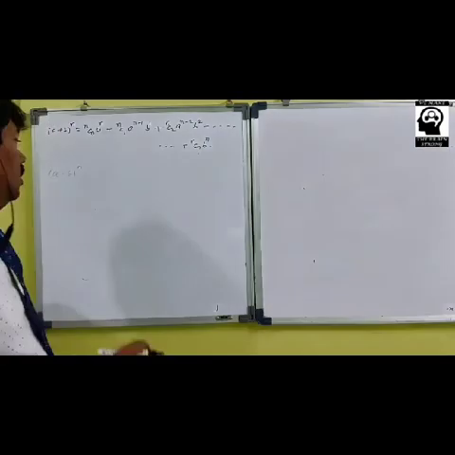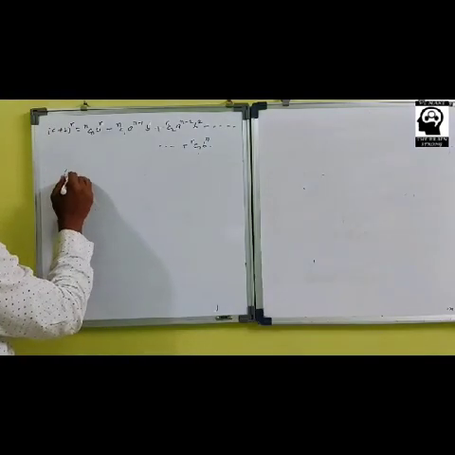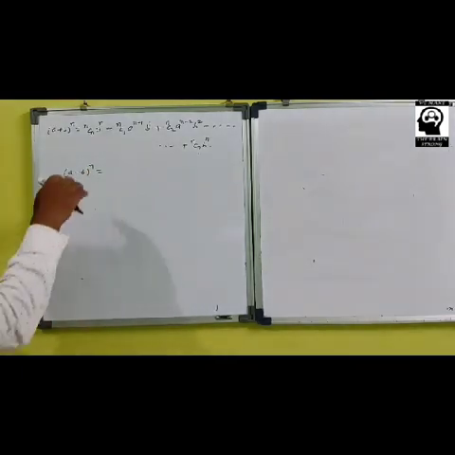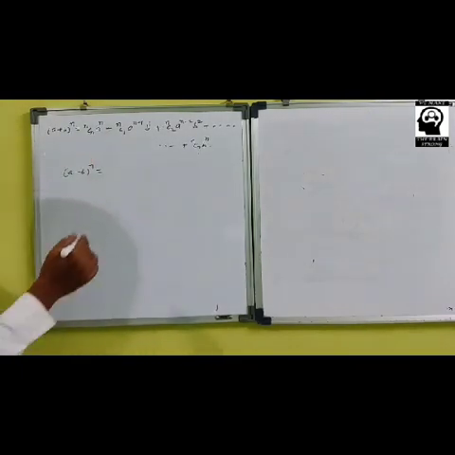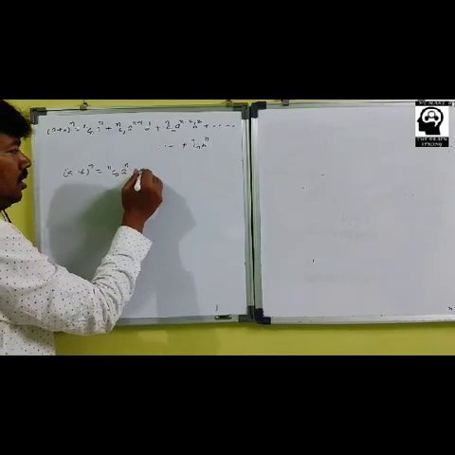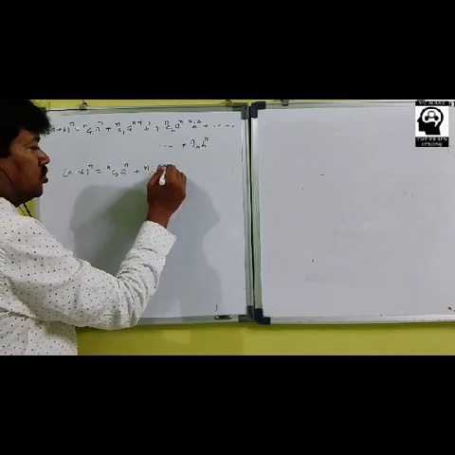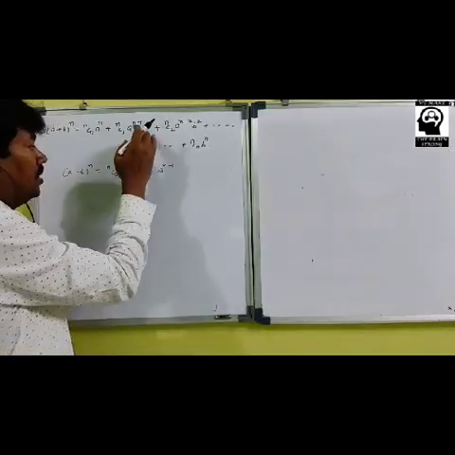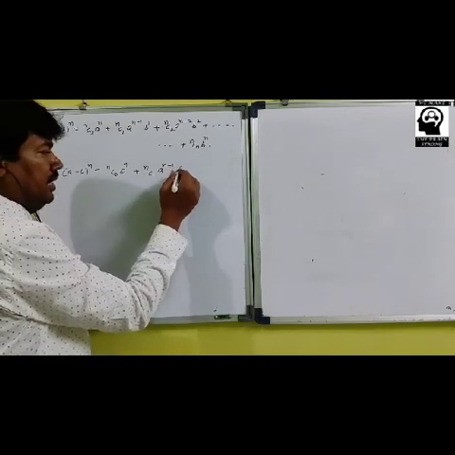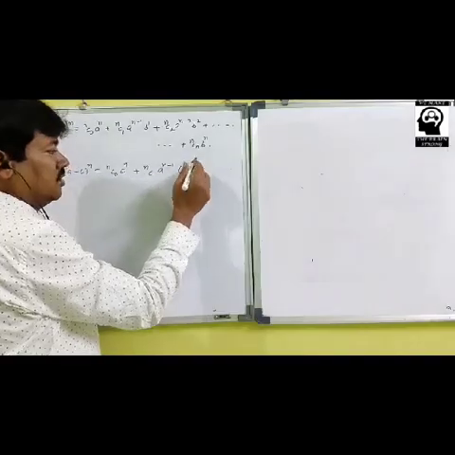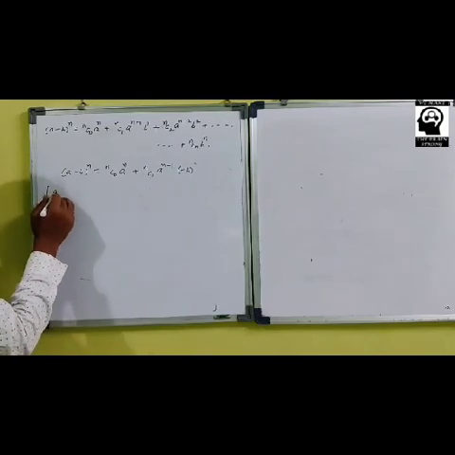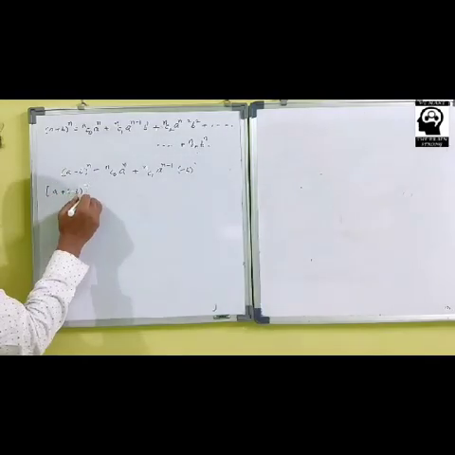So (a - b) raised to n, what will that be? Since (a + b) is like this, it's the same expression: nC0 a^n, nC1 a^(n-1), but now b has to be replaced with minus b. The reason is this expression can be written as (a + (-b)) raised to n.